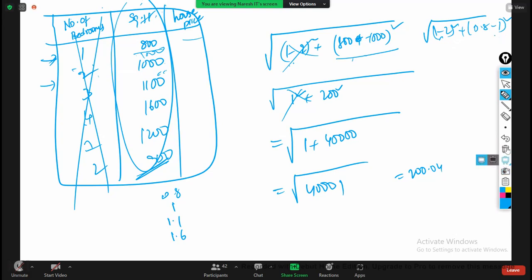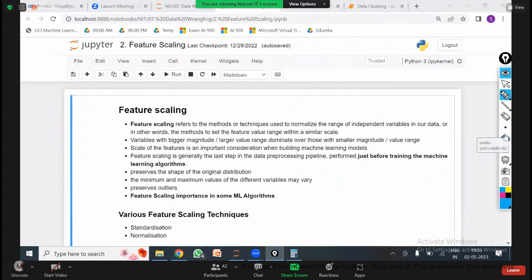Now, we have to apply feature scaling when one of the variables dominates the other variable with its magnitude. To put it in simple words, in order to bring all the features onto the same scale, we are going to do feature scaling. Why do we have to bring everything onto the same scale?